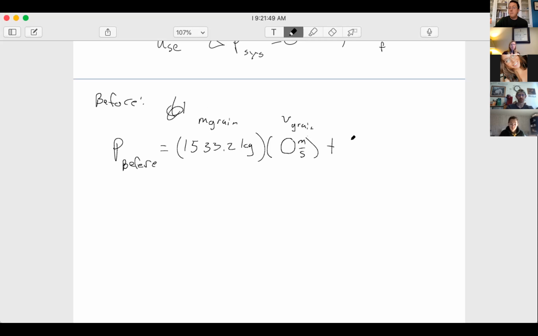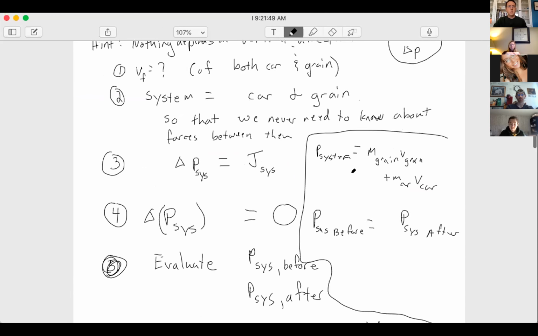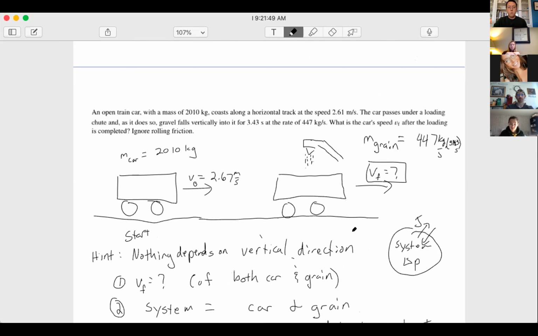And then I have to do the same for the car. Its mass was 2010 kilograms, and its velocity was 2.61.